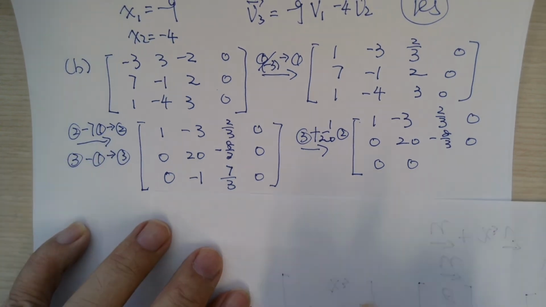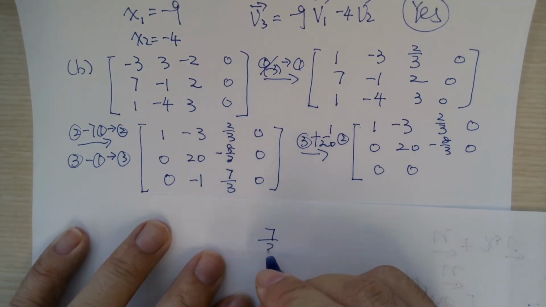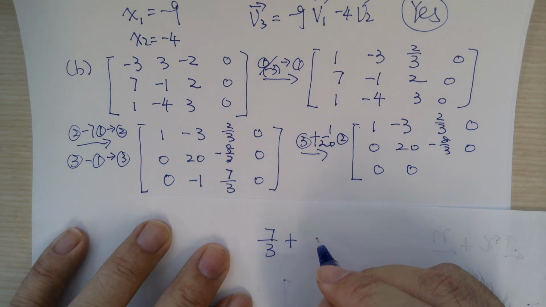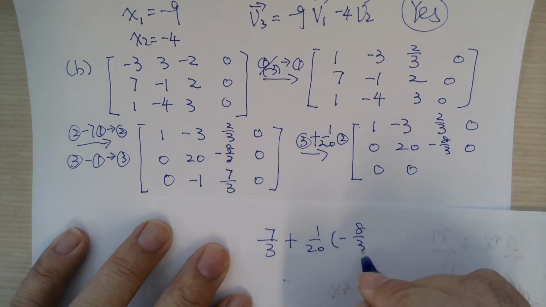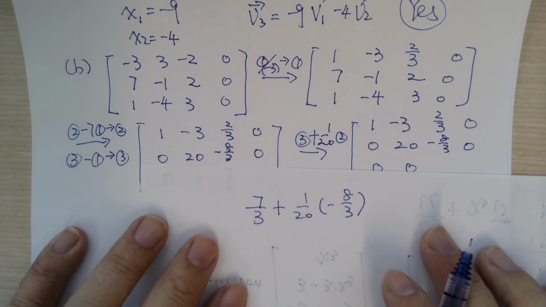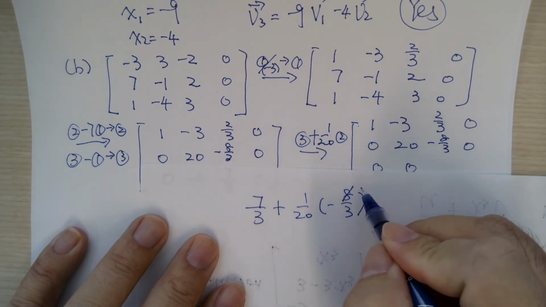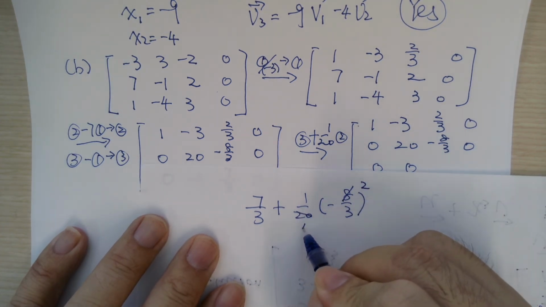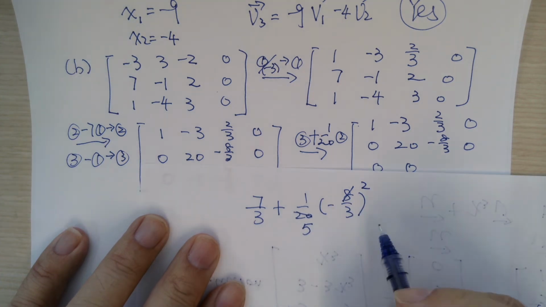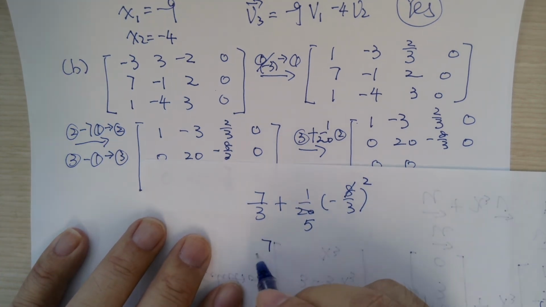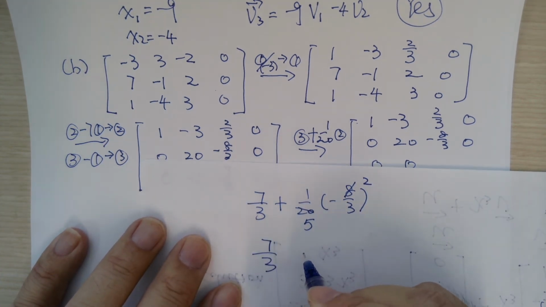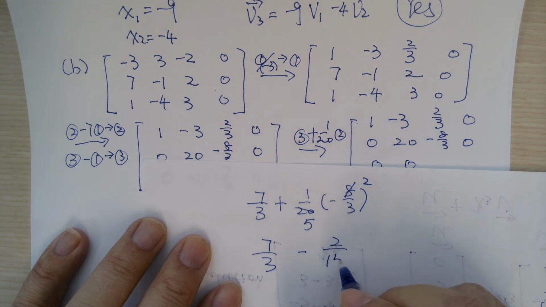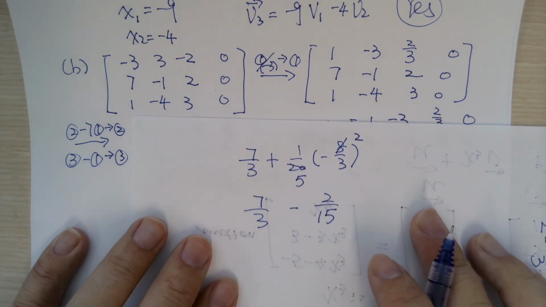So it's 7 over 3 plus 1 over 20 times negative 8 over 3. As you can see, this is 7 over 3 minus 2 over 15.